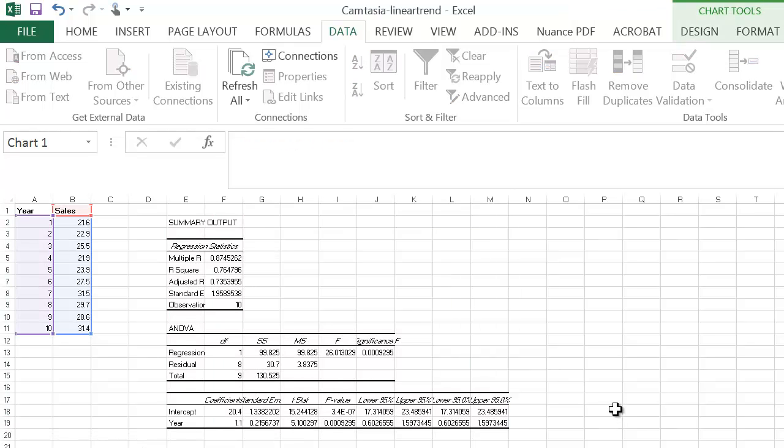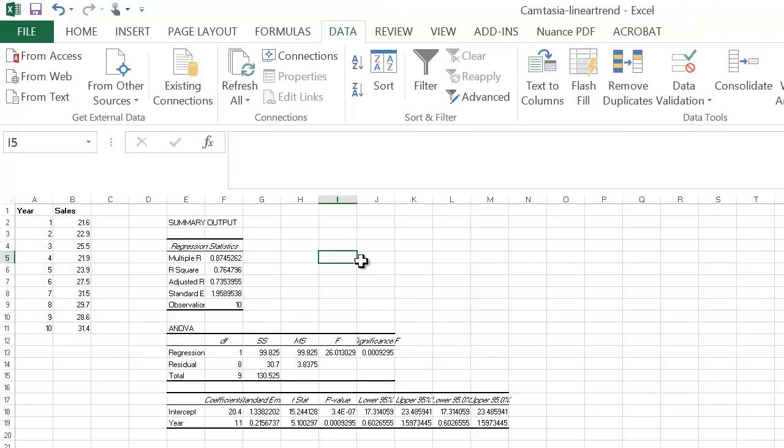Okay, so you can see from this output that the regression equation, in other words, the linear trend equation, we can write very easily as this is your regression equation. It would be sales is equal to 20.4 plus 1.1 times year. Okay, and you can see where those two coefficients come from.